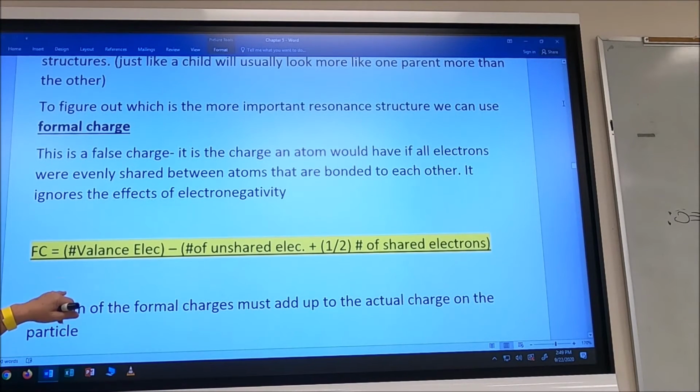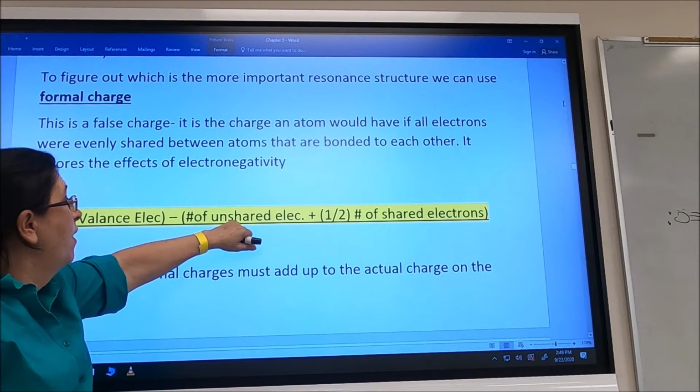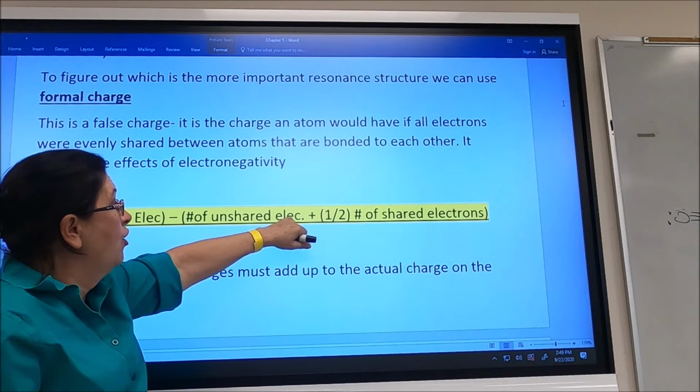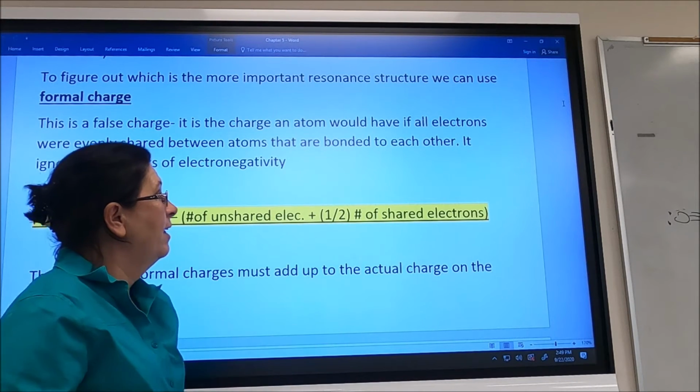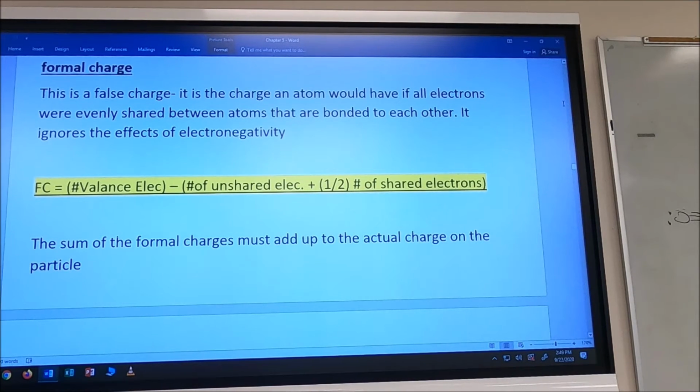So formal charge is equal to the number of valence electrons an atom started out with minus the number of unshared electrons we see in its valence in the Lewis dot structure plus 1/2 of the electrons that it shares. The sum of the formal charges always has to add up to the actual charge on the particle. Okay? So let's calculate the formal charge for oxygen, carbon, and nitrogen in OCN1-.